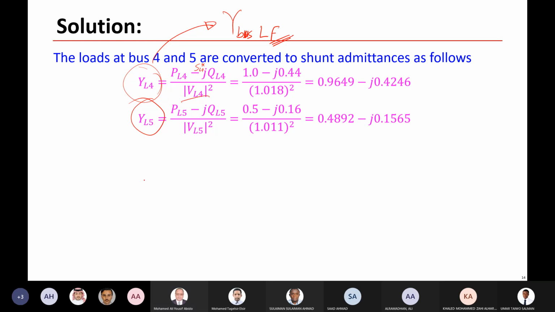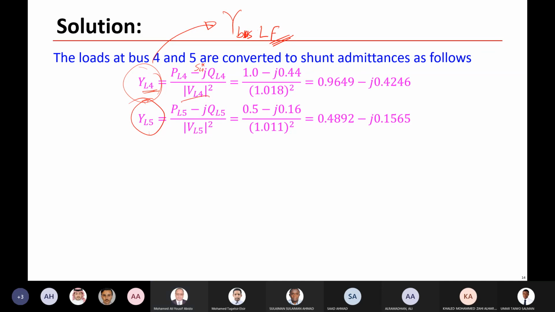How to do it? By including the transient reactance of the generators. The transient reactance will come later. At this stage, we need to incorporate these loads into the Y bus formed by load flow. Later, we will see the Xd prime of the machine, how to do it.